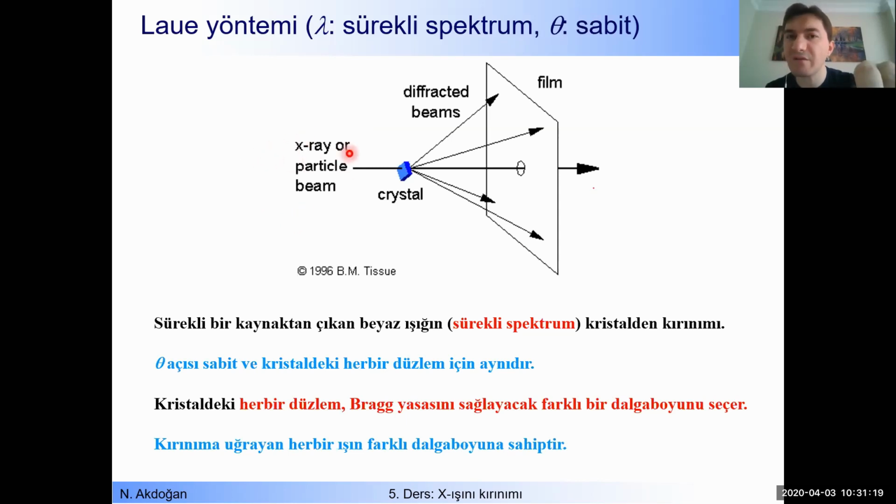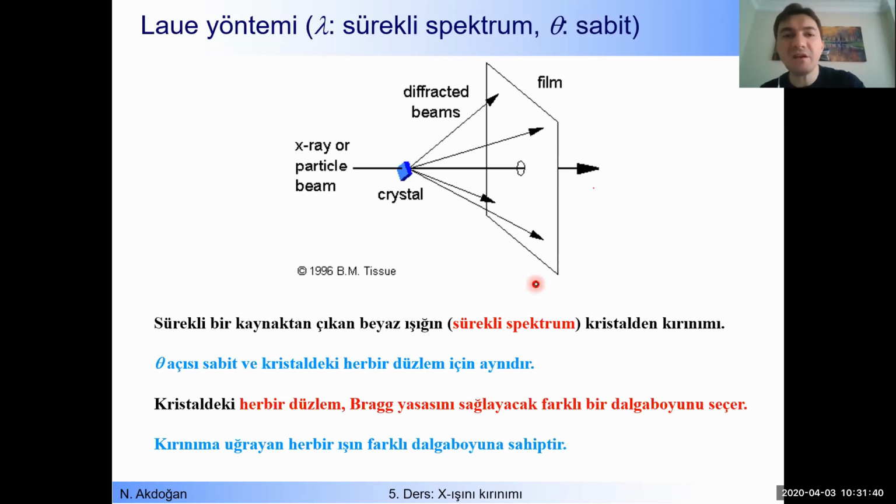We have different wavelengths, and incoming angle theta is constant, so crystal is fixed, okay? And then here we have a photographic film. This is the experiment done by Friedrich and Knipping.